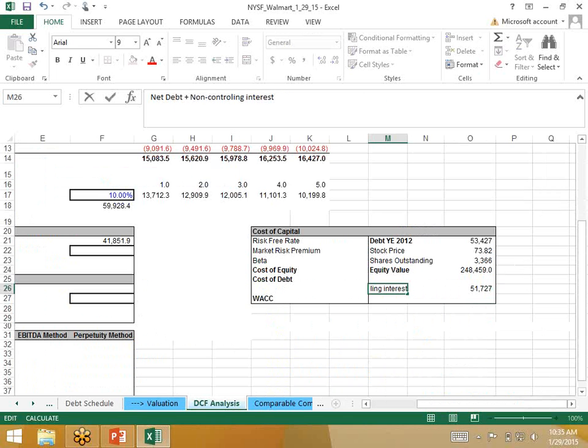So this is really net debt plus non-controlling interest to be complete. In the book they bury this all into one cell, and just to keep this error-proof, I should have separated it out into easier steps. So this is the net debt plus non-controlling interest.